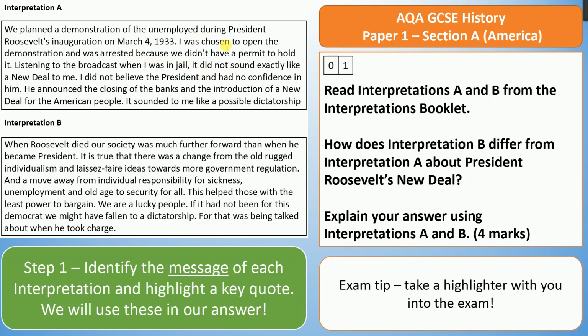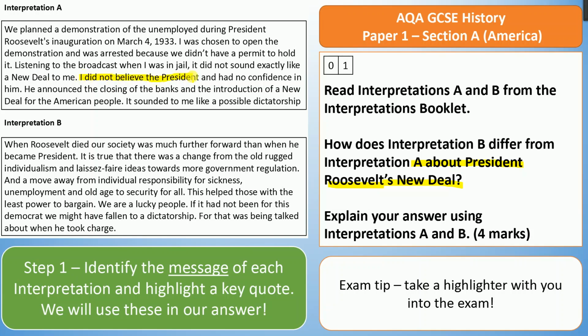But really, we're looking for anything about the New Deal. Remember, this is all about President Roosevelt's New Deal. I'm just going to highlight that to make sure we remember it. And here he mentions, listening to the broadcast when I was in jail, it did not sound exactly like a New Deal to me. And he mentions, I did not believe the president and had no confidence in him.